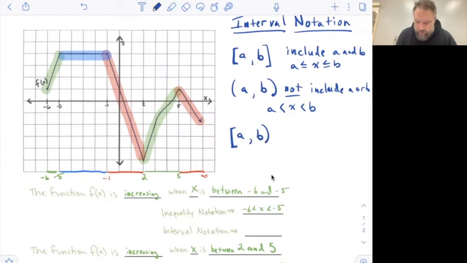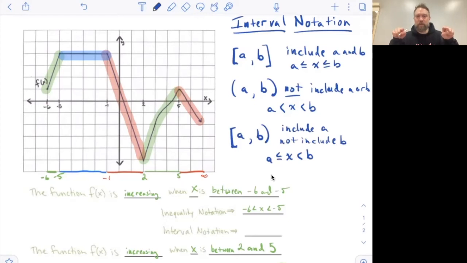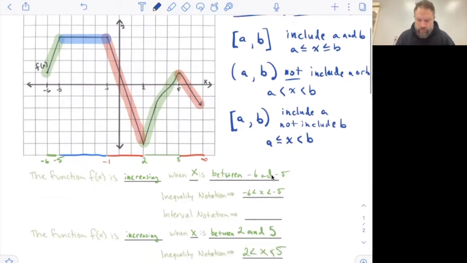What that means is everything in between A and B, you're going to include A, but it does not include B. So it's like saying X is greater than or equal to A, it could be equal to A, but it's less than B. It's in between A and B. This one includes A, but it doesn't include B. Pretty simple, right?